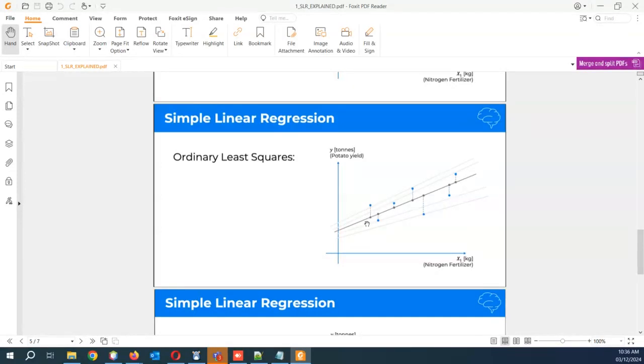But what is predicted, because the best possible line is going through this, is that the production will be this much potatoes.